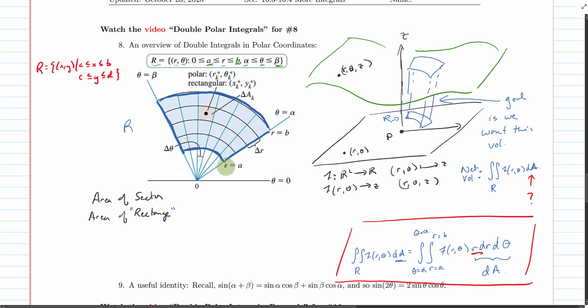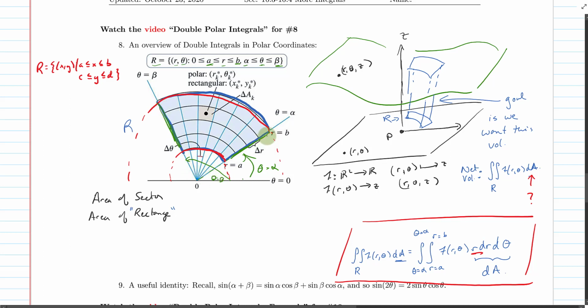So you can see we've got this radius here, and remember radii in our polar coordinate system give us concentric rings. This is our r equals a, and then for our r equals b we've got this circle, and then we're ranging from this theta right here, that's our theta equals alpha, all the way up to over here, this theta value, where theta is equal to beta, and that gives us this side.